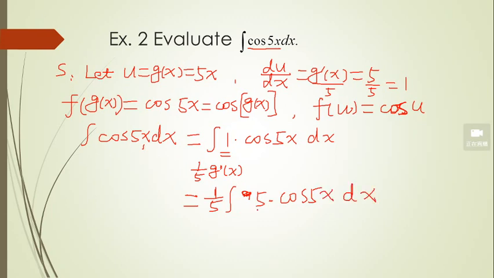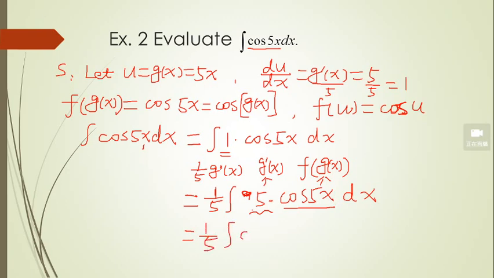Now let me explain a little bit. Here cos(5x) is the f(g(x)), the composition function. Now what is my 5? The 5 is the g prime here. So here it's f(g(x)) times g prime dx, and we just keep the 1/5 outside.